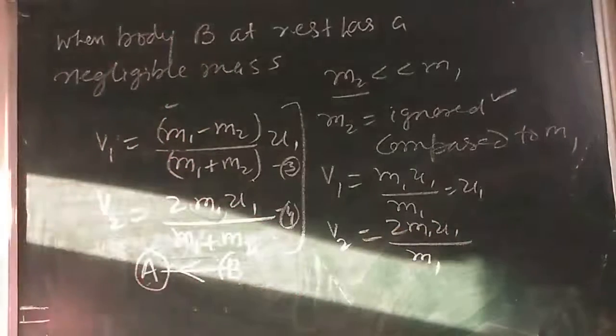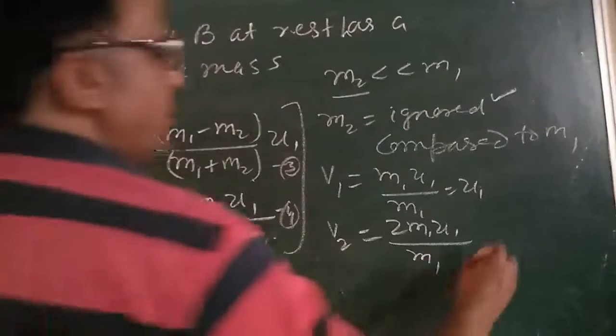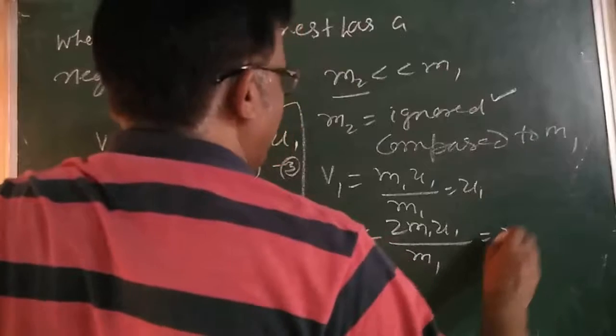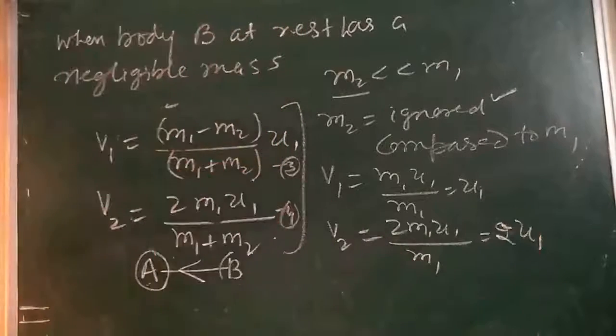M1 से M1 cancel हो गया. What we are getting, V2 is equal to twice U1 only. So this is the result. V2 is equal to twice U1. Double हो गया यहाँ पर.